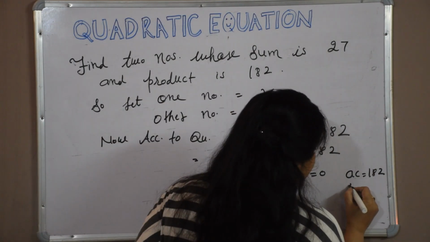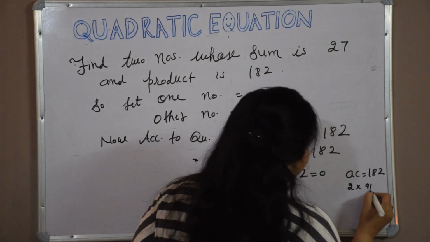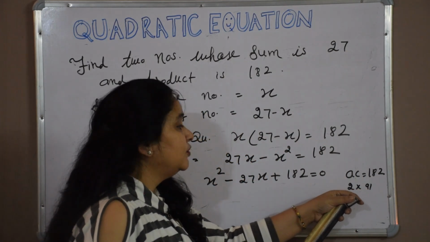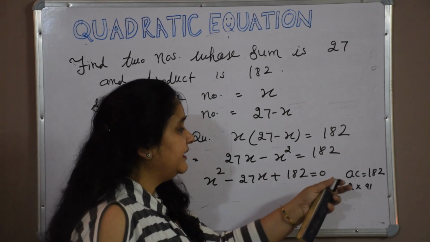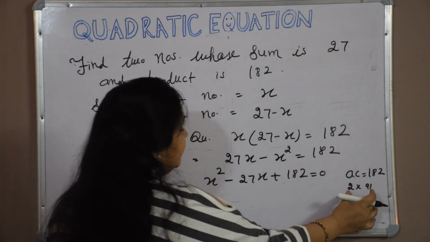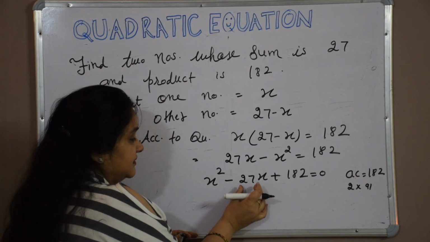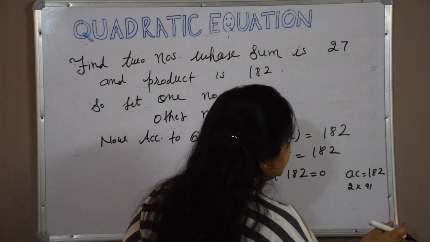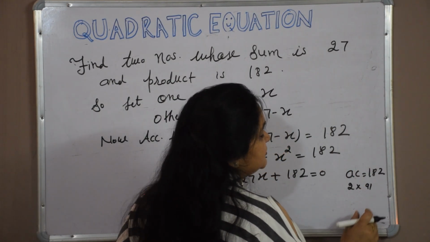So we will start with 2, and we see that too much gap is there, 2 into 91, and it will be very difficult to get the addition of these two numbers as 27.